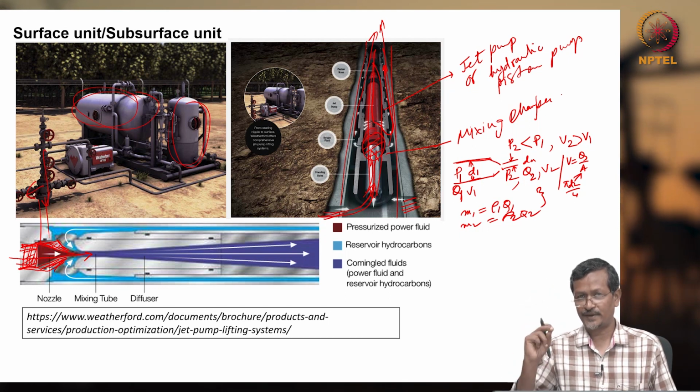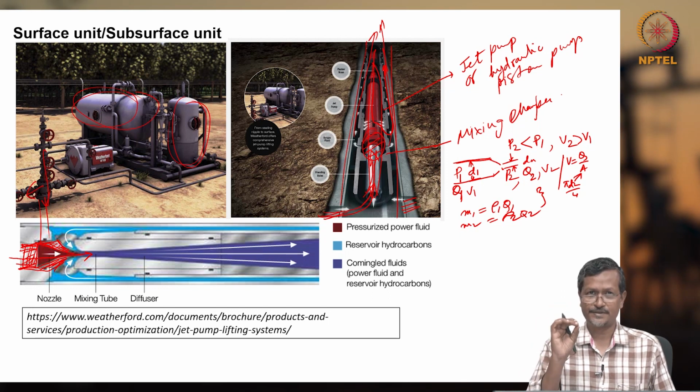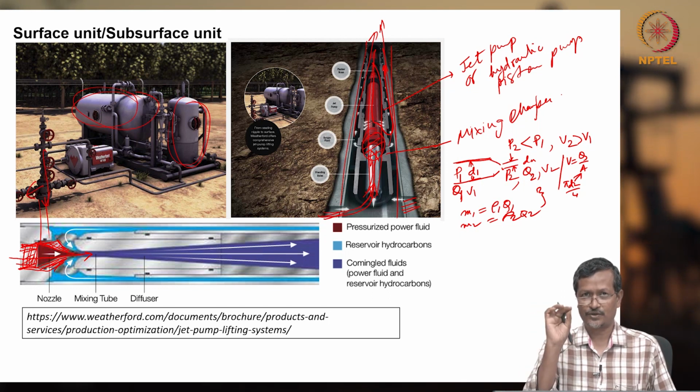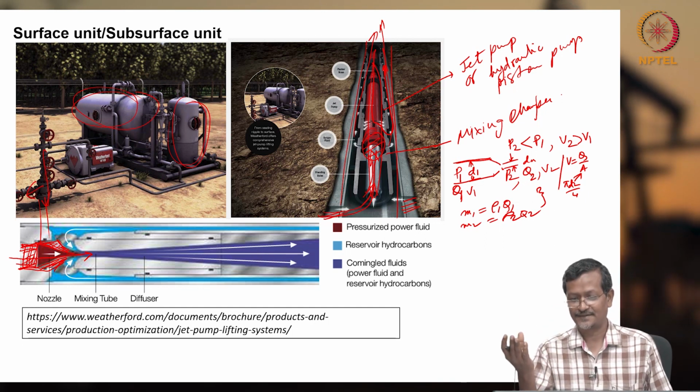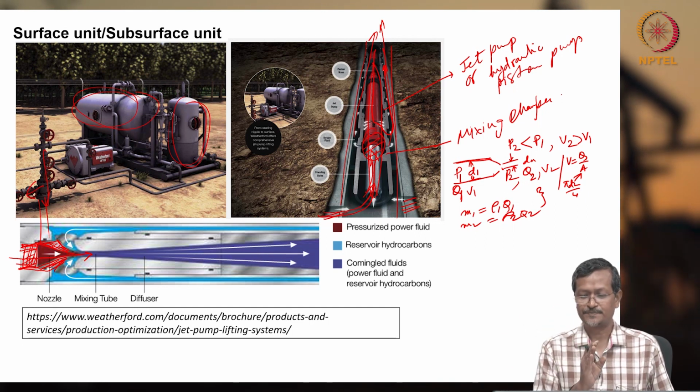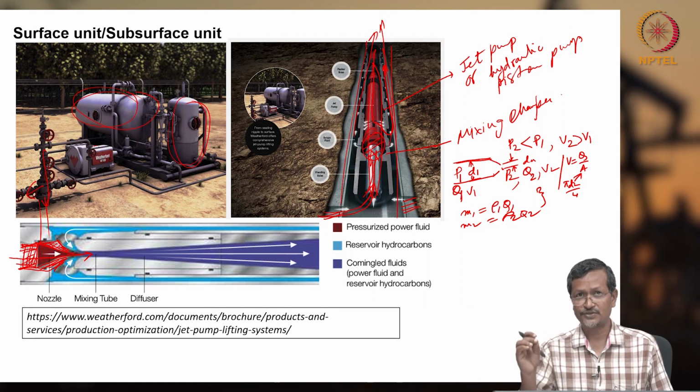So flow rate divided by a smaller area means the velocity increased. When fluid passes through a nozzle, velocity will increase.